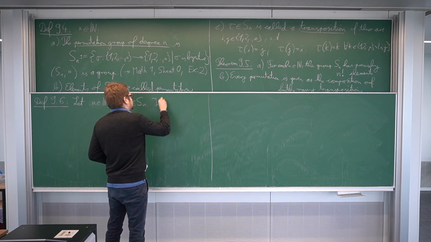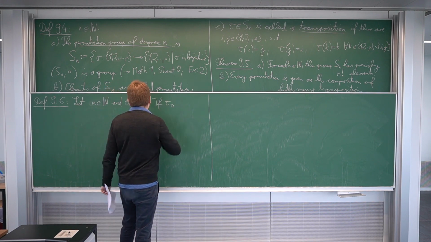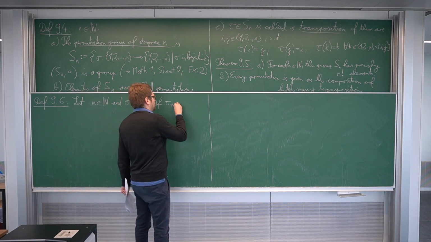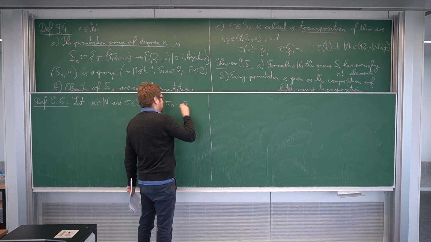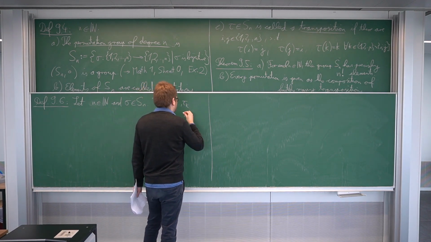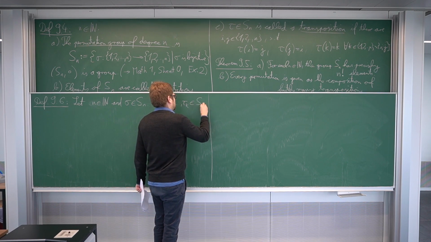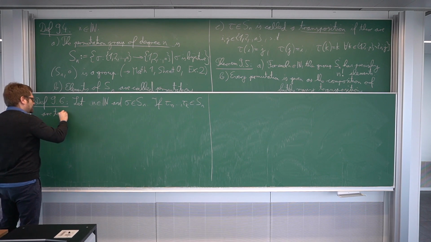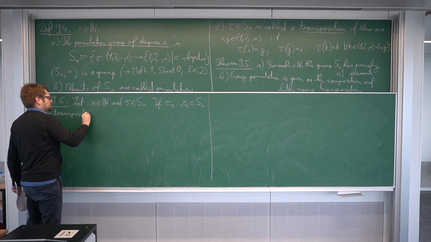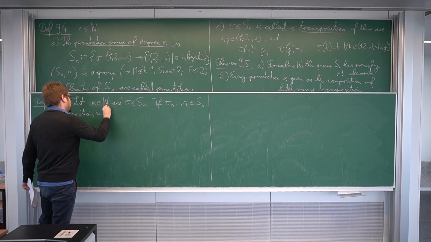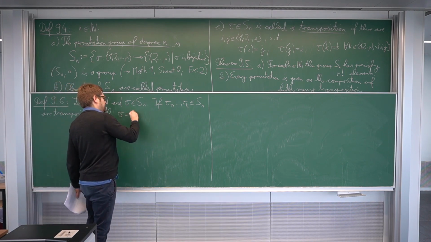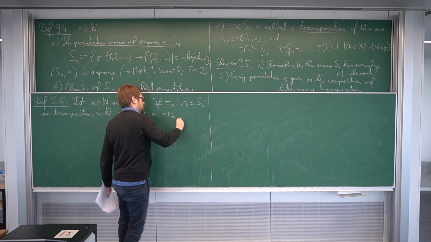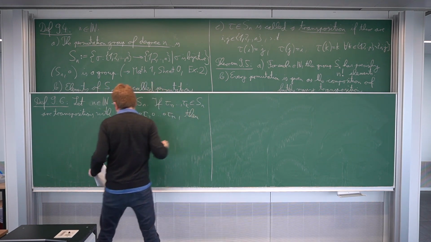We now know this is a composition of finitely many transpositions. So if we have transpositions tau 1 to tau k, for some number k, such that sigma is given as tau 1 composed with tau 2 and so on, then we construct the following.